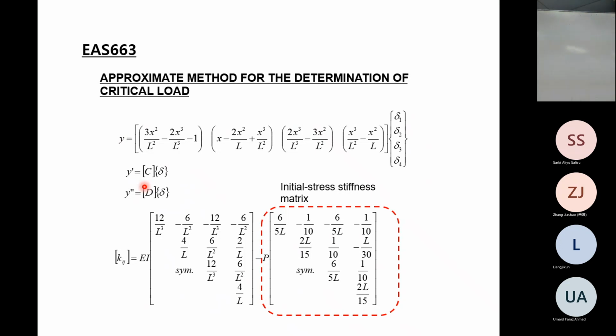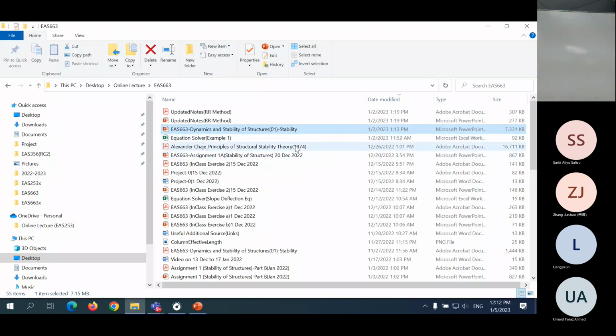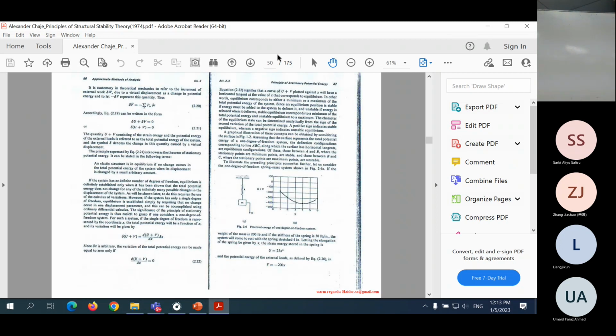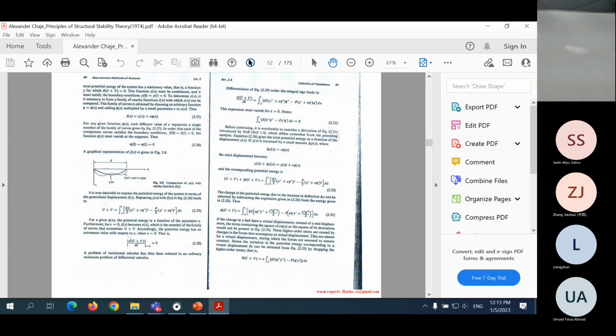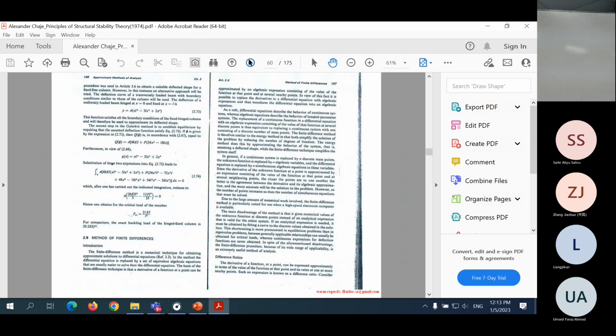Which one? This one, y. Okay. Y actually comes from, if I can show you here. This is in chapter 1, section 2.13.